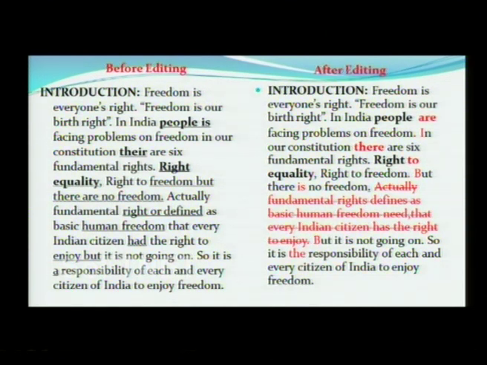In India, people is, you could see the underlined phrase, people is, this is the error made by the student. In the next half, we could see that we have corrected the error. People means it's a plural word, that's why we corrected it as are. People are facing problems on freedom.